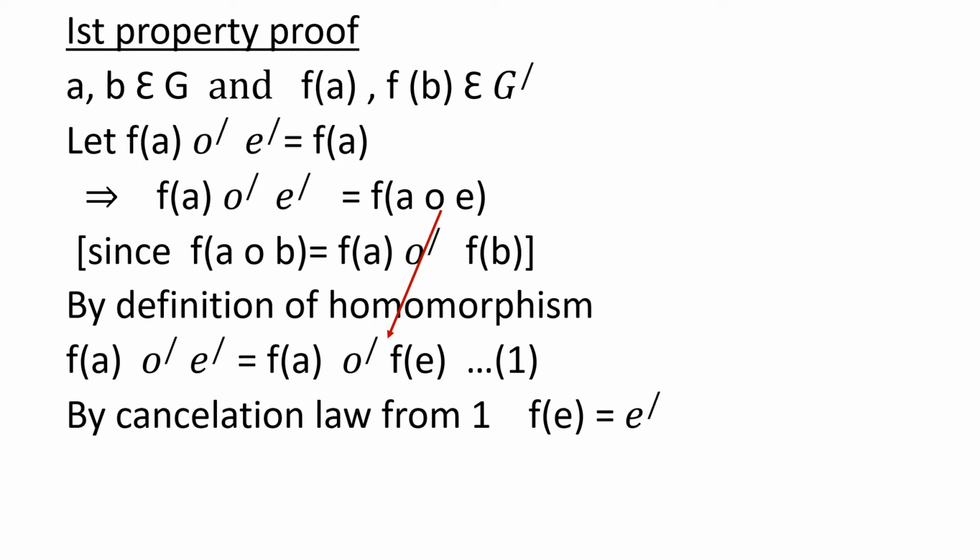Now let's consider f(a) O' e'. What is e'? e' is the identity element of the group G'. So if the identity element is there, the answer will be f(a) O' e', which is f(a) only, nothing else.